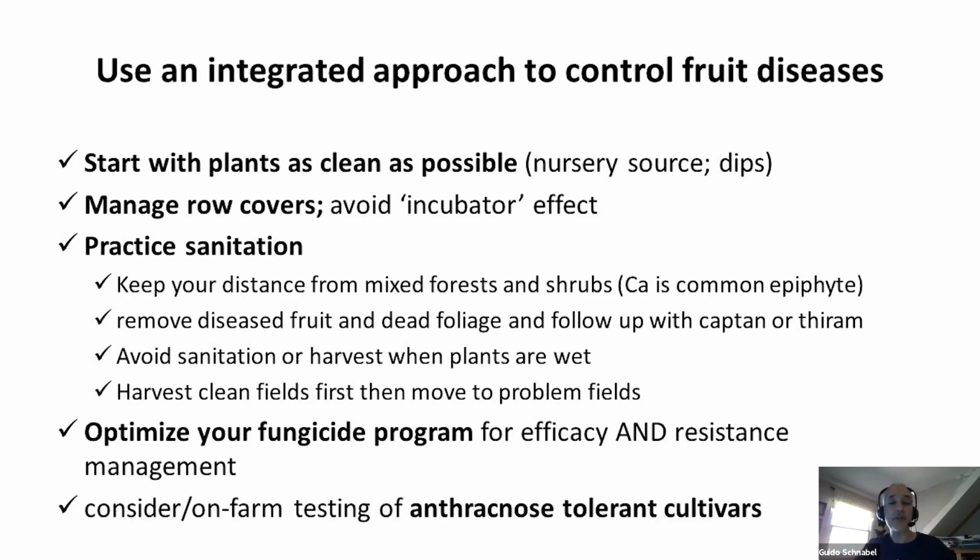And consider those anthracnose-tolerant cultivars. Try them out in a few rows and see how they're working for you. It would certainly make your life much easier if you grew a cultivar that will help you with disease management by resisting the fungus naturally.